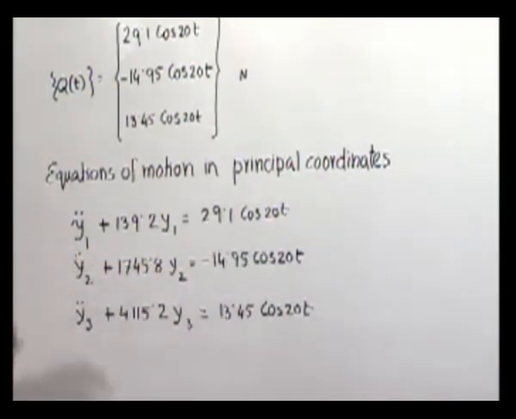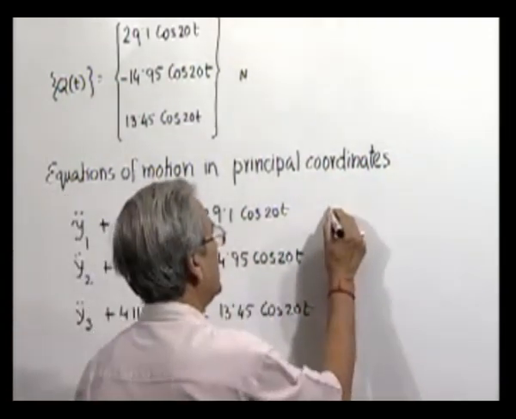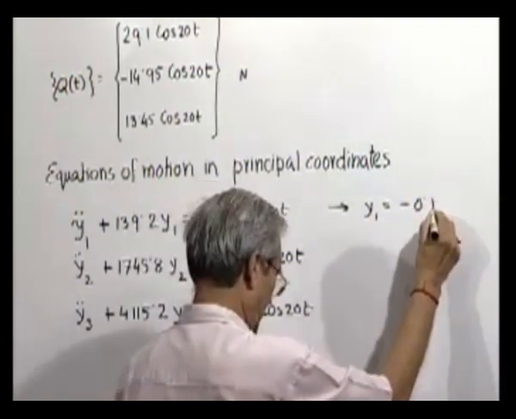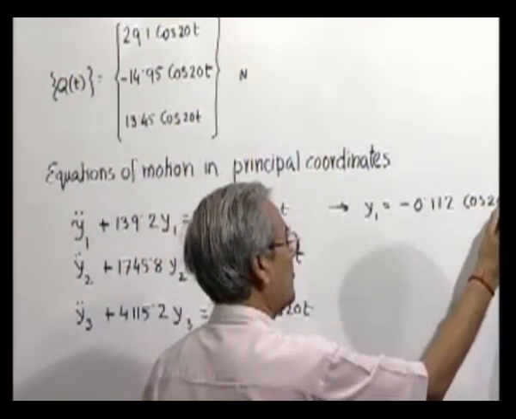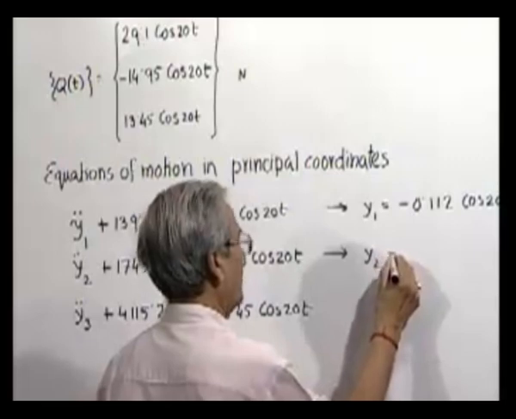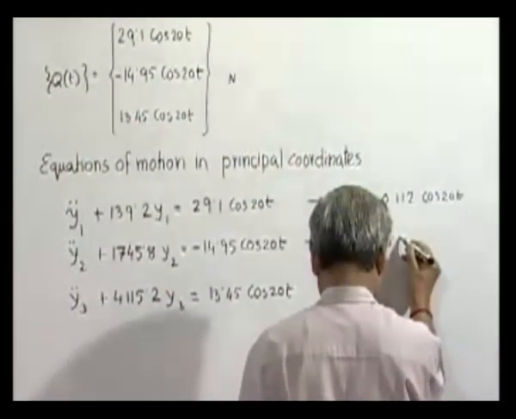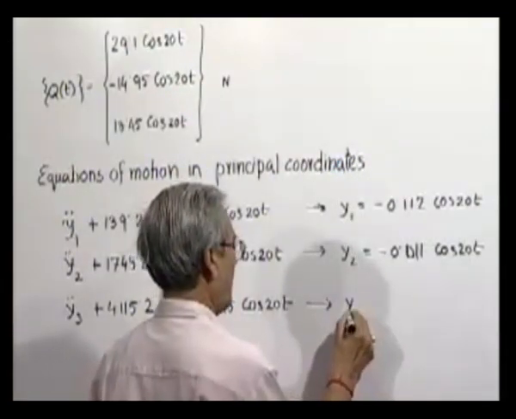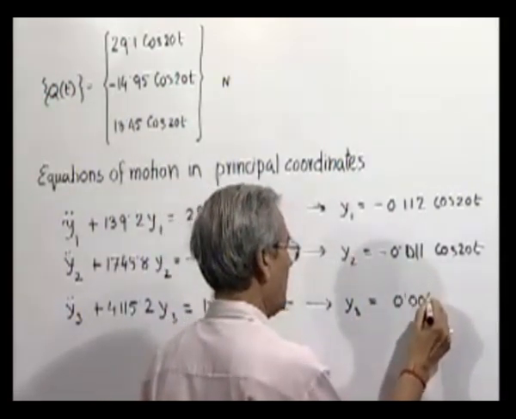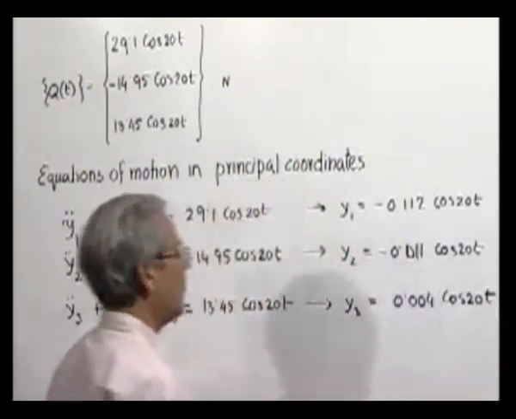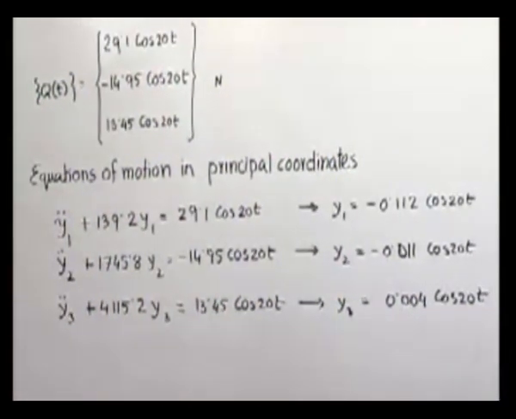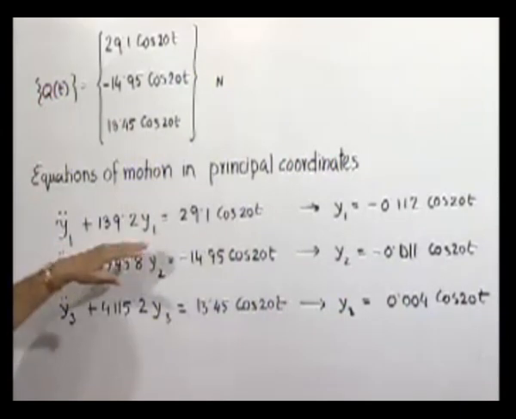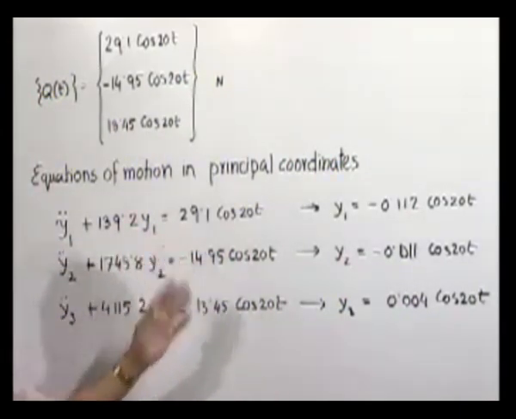Of course, we have to consider steady state solution for each one, and so we get from here y1 equal to, so this we bring from our memory to the solution, steady state solution of this. We know that it will be f0 by, we know that 1 by r.